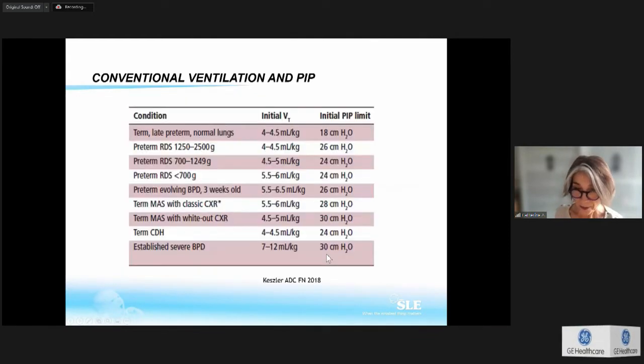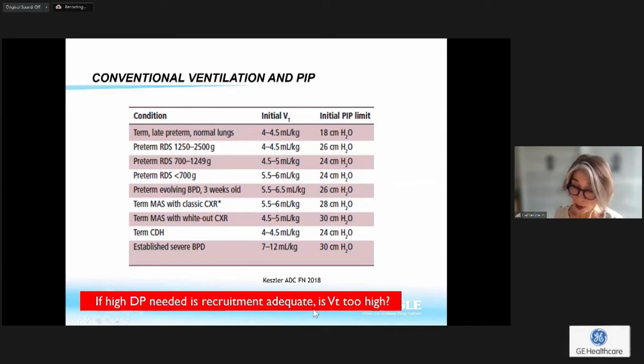That's why, when we look at the recommendation of Keszler regarding which kind of tidal volume we should deliver, you will see that in your very preterm RDS patient, where we think we should use something like 4 milliliters per kg, it will actually be higher, something like 5.5. Why?